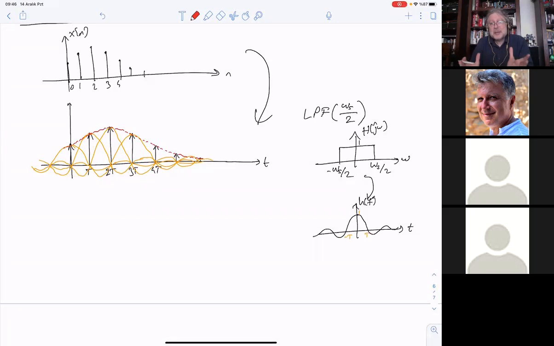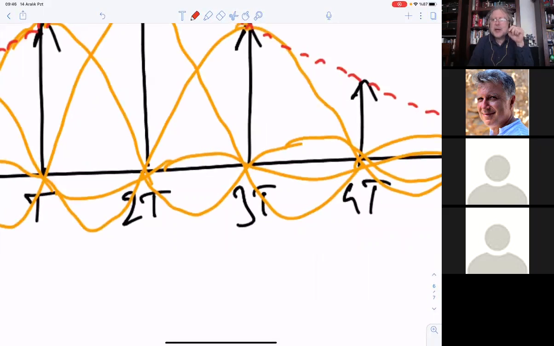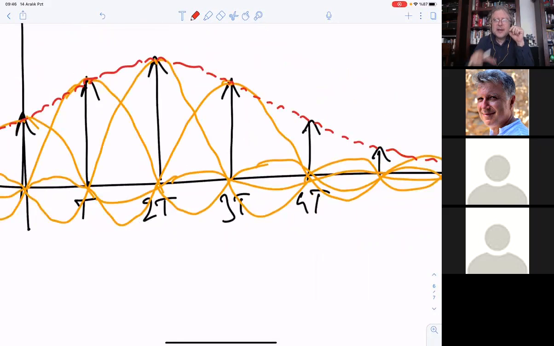But how does it happen? I can at least show you that at the positions of the impulses, a sinc shape which starts with the peak corresponding to the impulse location, that value will be the only contribution according to these infinitely many sincs. All the other sincs will make a zero crossing. Look at what's happening around 2T here.